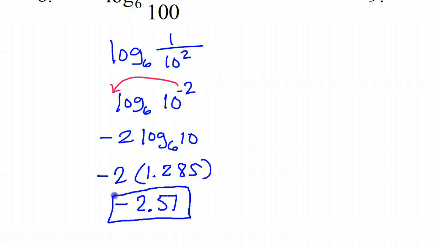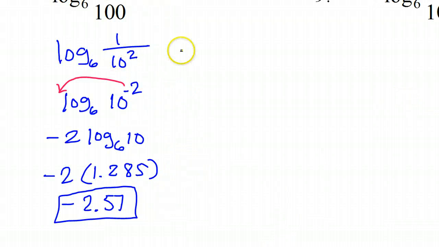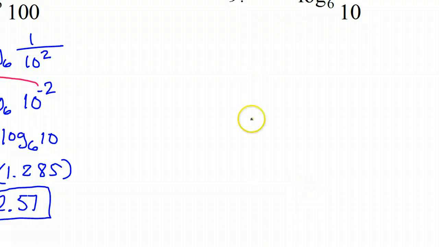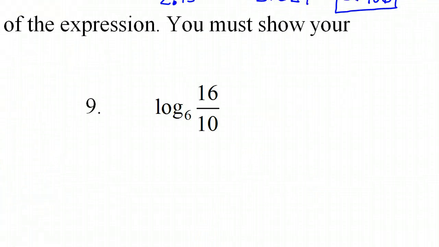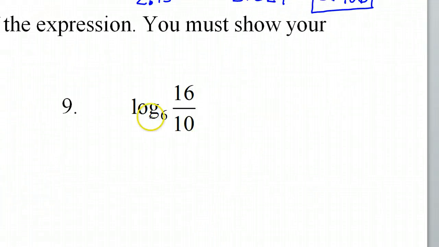All right, there are other ways to solve that problem, but that is the fastest. Another way would have involved doing log base 6 of 1 minus log base 6 of 10 squared. But that would take you at least one extra step. All right, anyway, number 9.